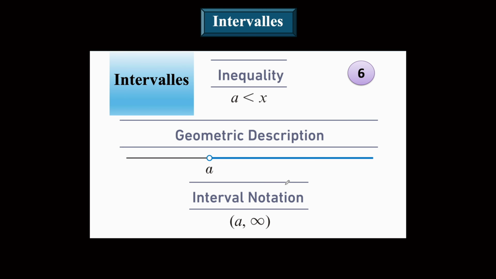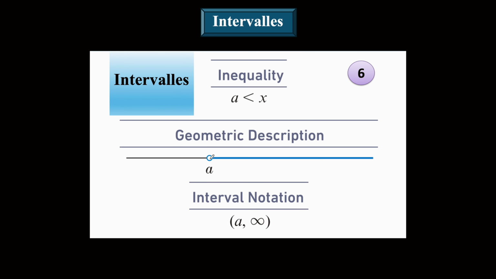This one here, a is strictly smaller than x. Geometric description for that, a is excluded until infinity, and interval notation for that is from a excluded until infinity. And we never put a closed square bracket for infinity. Infinity is infinity.